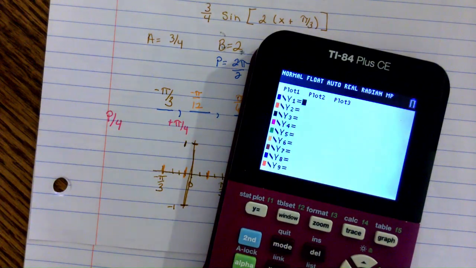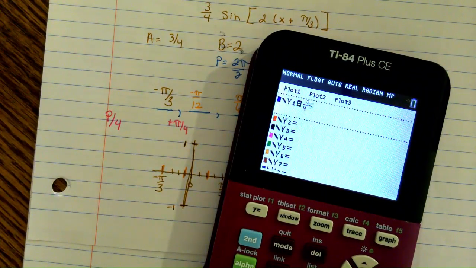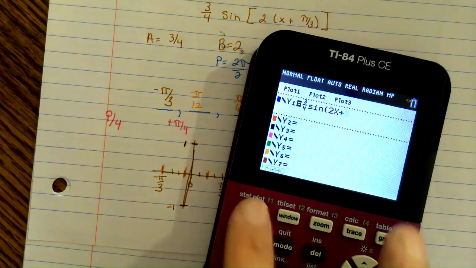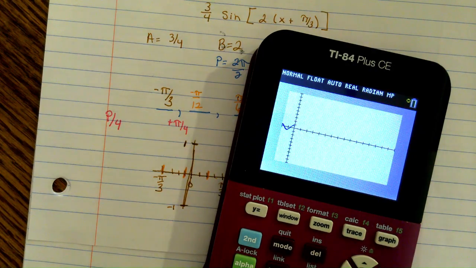So y equals 3/4 sine of 2x plus 2 pi over 3. I write it the exact same way as the original. That way I know to make sure I don't have any mistakes. I'm going to hit graph. Okay. Well, this got very repetitive very quickly.